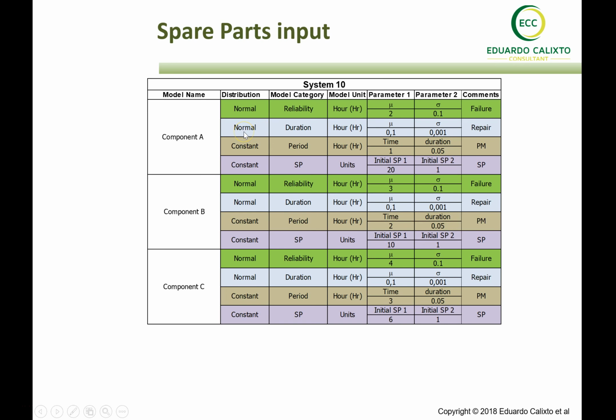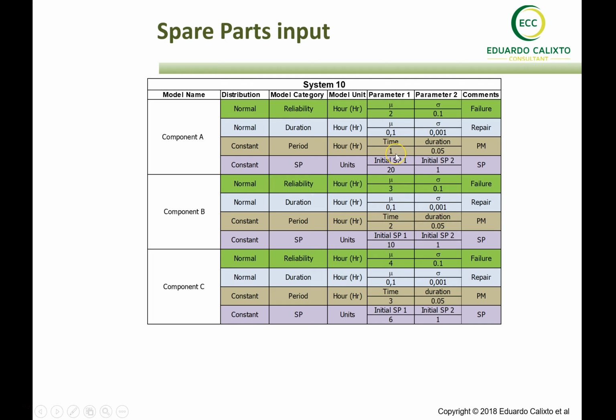We have a corrective maintenance PDF, also a normal PDF, with mean equal to 0.1 and standard deviation equal to 0.001. We have preventive maintenance that will be carried out at 1 hour with duration 0.05. Then we have spare parts, based on the preventive maintenance, as discussed before.